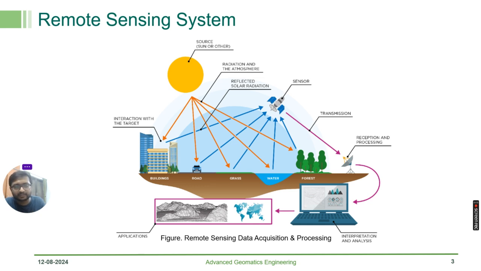Optical means that we can see reflections. The visible part is 0.4 to 0.7 micrometer, and then there is the infrared region, which is about 0.3 to around 3 micrometer or so. So we are using optical rays, and the main principle we are using is reflection.